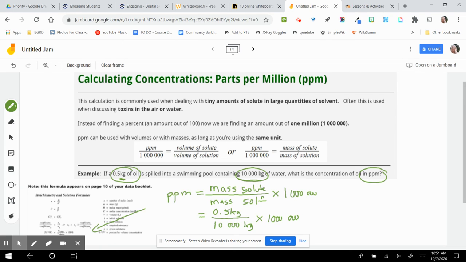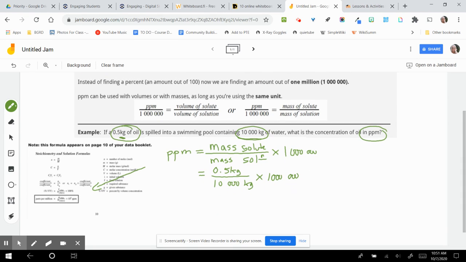All right, we're going to put this all into our calculator. 0.5 divided by 10,000 and times 1,000,000. And we're going to get 50. Just pull the screen down a bit. 50. And our units are parts per million.